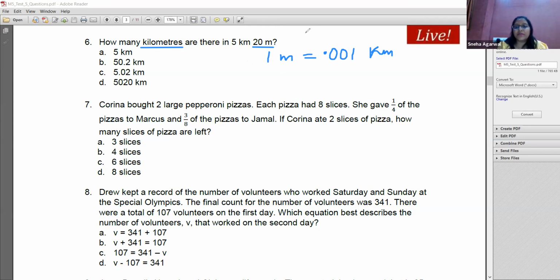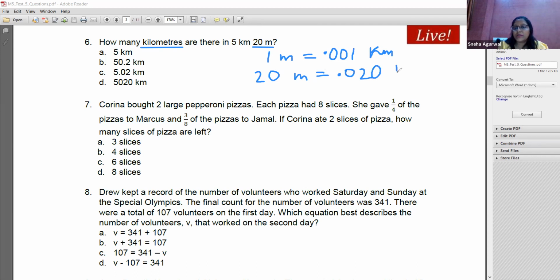Yes, it's not 0.20, it's 0.020. So when you are converting 20 meter, this will be 0.020.